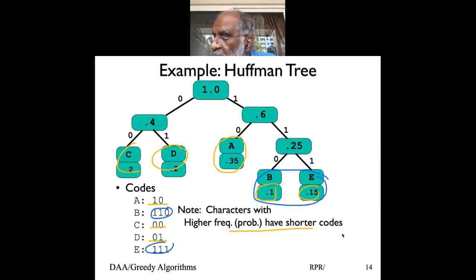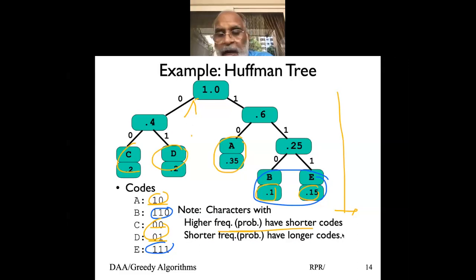Basically it means the nodes with lower probability come down at the last level. Nodes with high frequency, high probability, would be closer to the root at a lower depth. And that's the benefit we'll basically get.